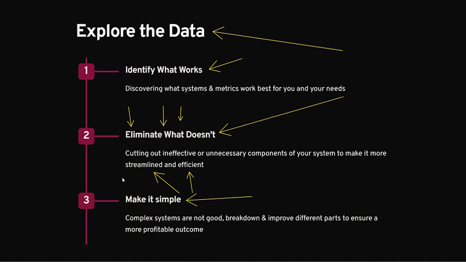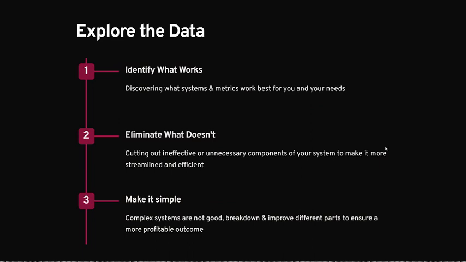Finally, like we just mentioned, make it simple. Complex systems are not good. Break down and improve different parts to ensure a more profitable outcome. Find out what are the things that are providing 80% of the results, find out how you can add that into your system and what metrics work best for you and your needs, and then double down on them.